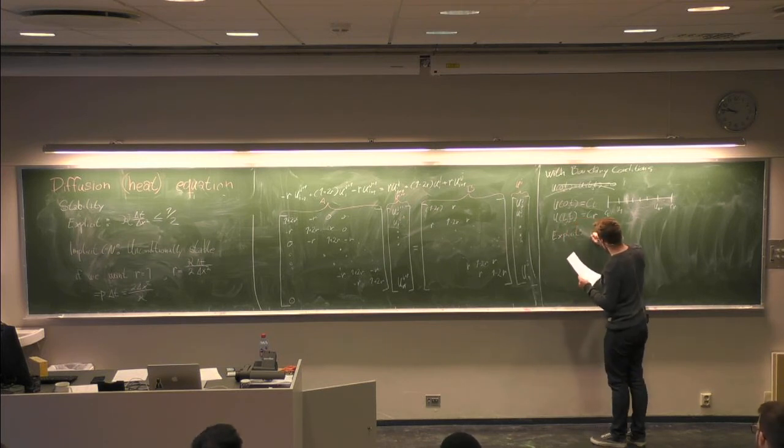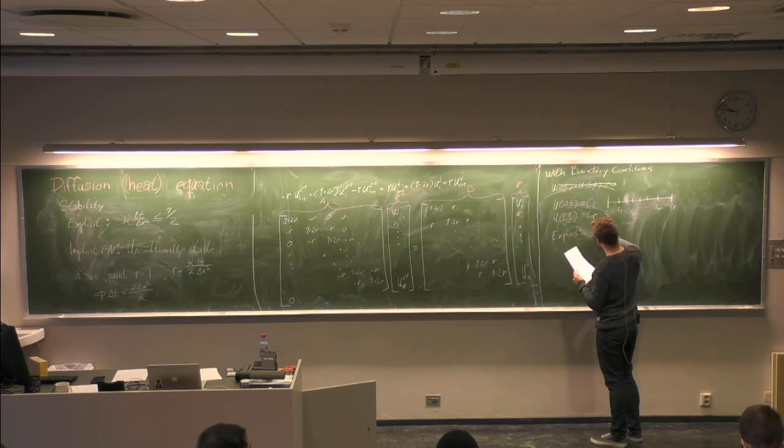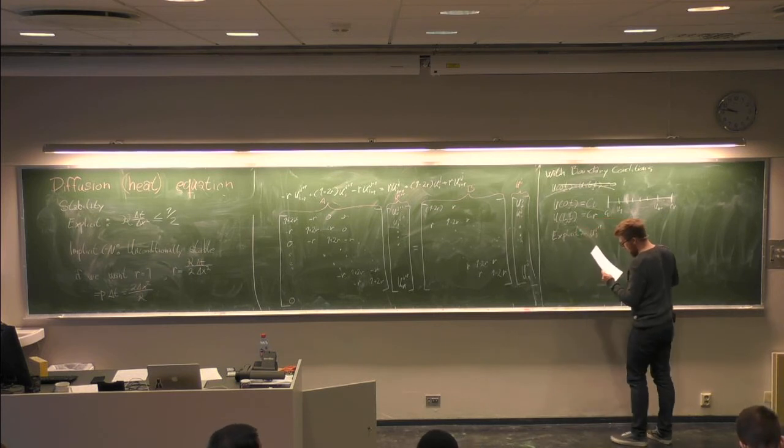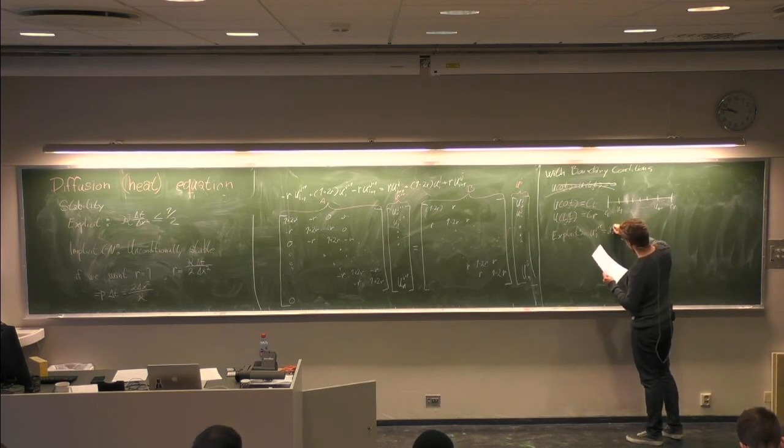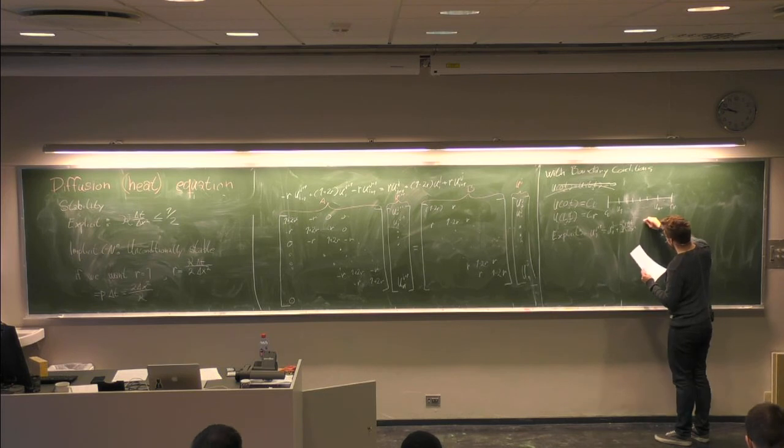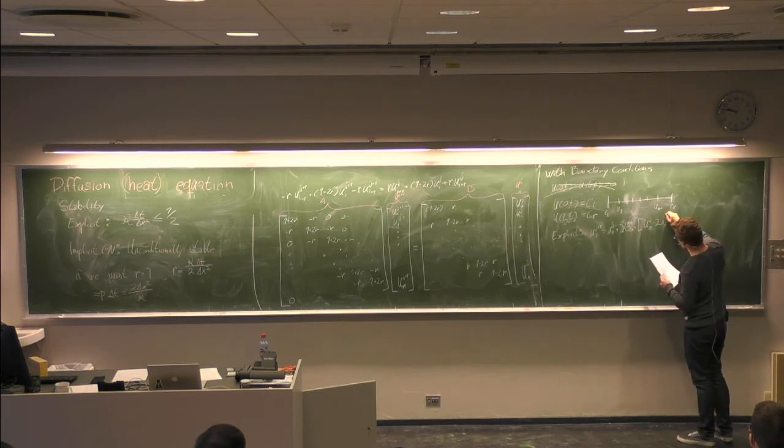Explicit, you will have U1, j plus 1 equals U1, j plus kappa delta t over delta x squared times U0, j minus 2 U1, j plus U2, j.